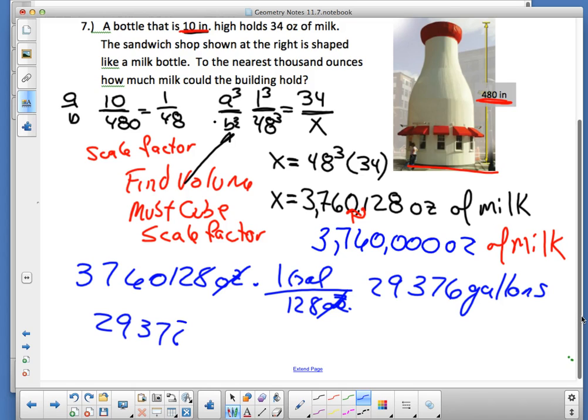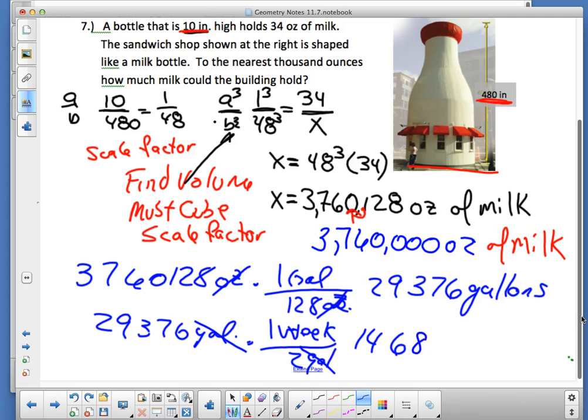So you've got 29,376 gallons, and in 1 week I could drink 2 gallons, no problem. So you knock out gallons, and we are going to get our answer in weeks. How many weeks is it? 14,688 point something. Okay, great.